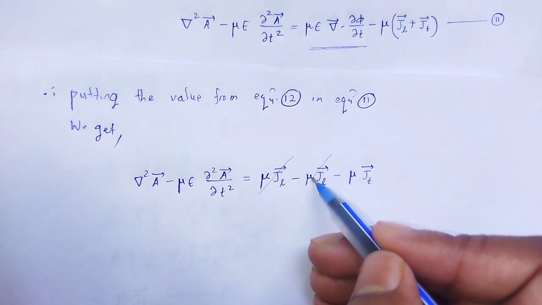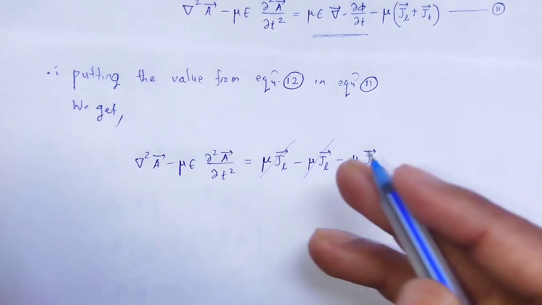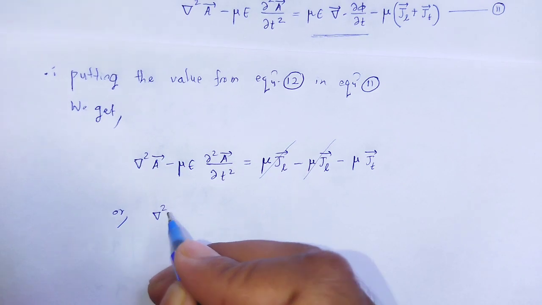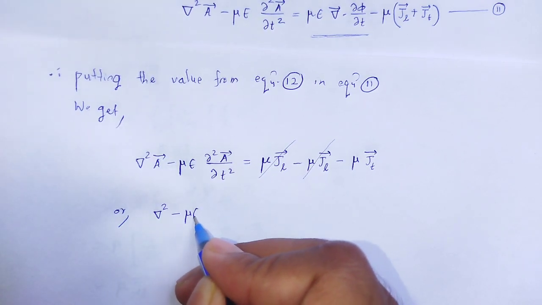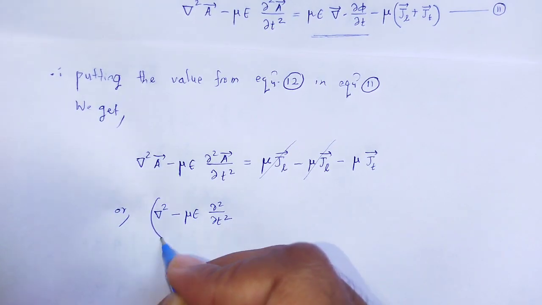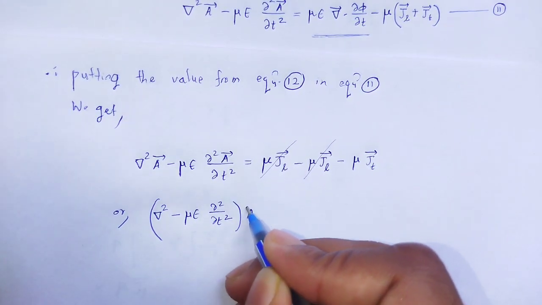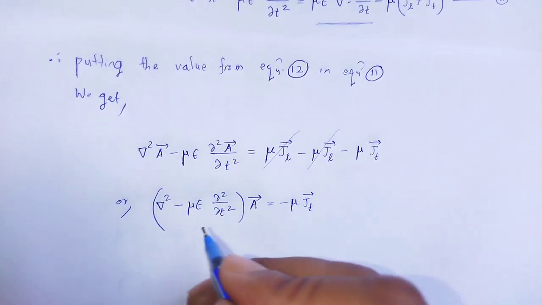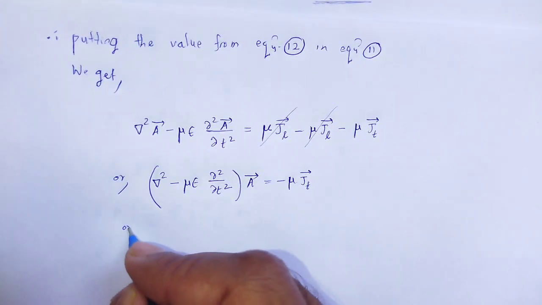The mu j l vector terms cancel out. So grad square minus mu epsilon del square by del t square over A vector is equal to minus mu j t vector.